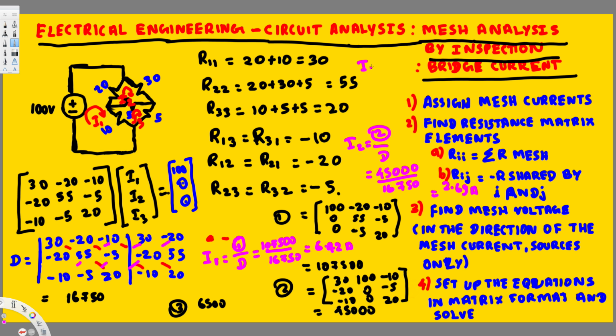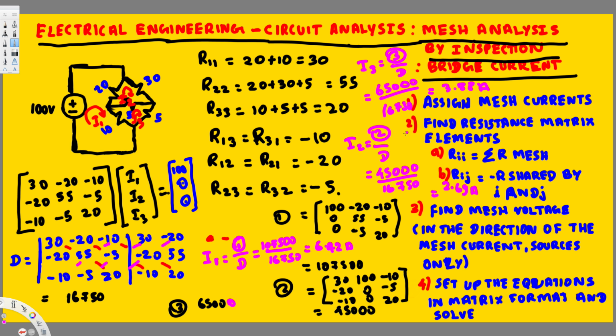The third is also the same: the third determinant we found, 65,000, divided by the original determinant 16,750, and that gives you 3.88 ampere.